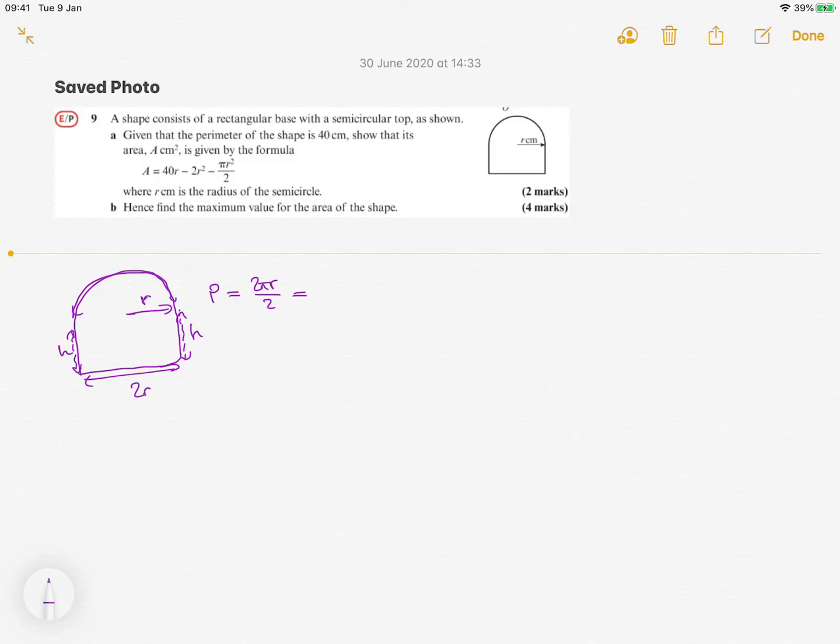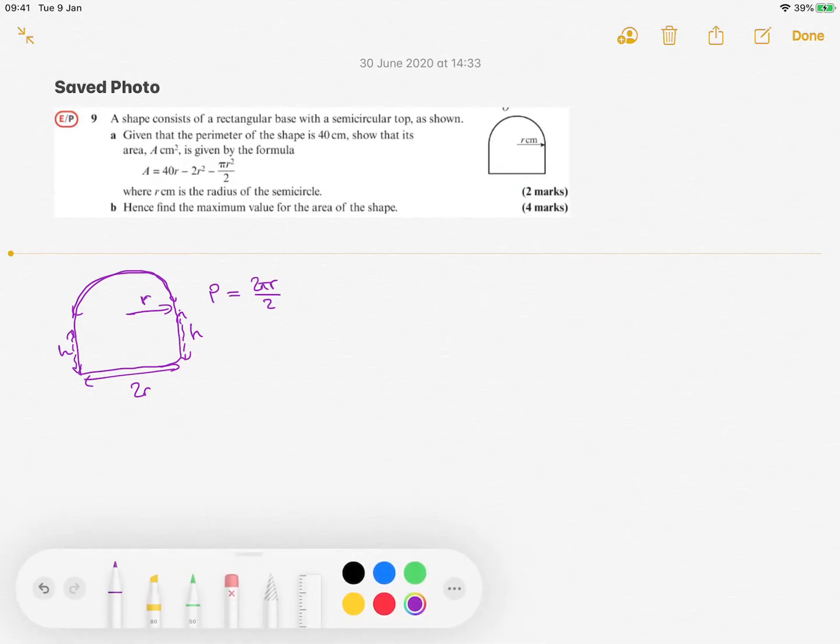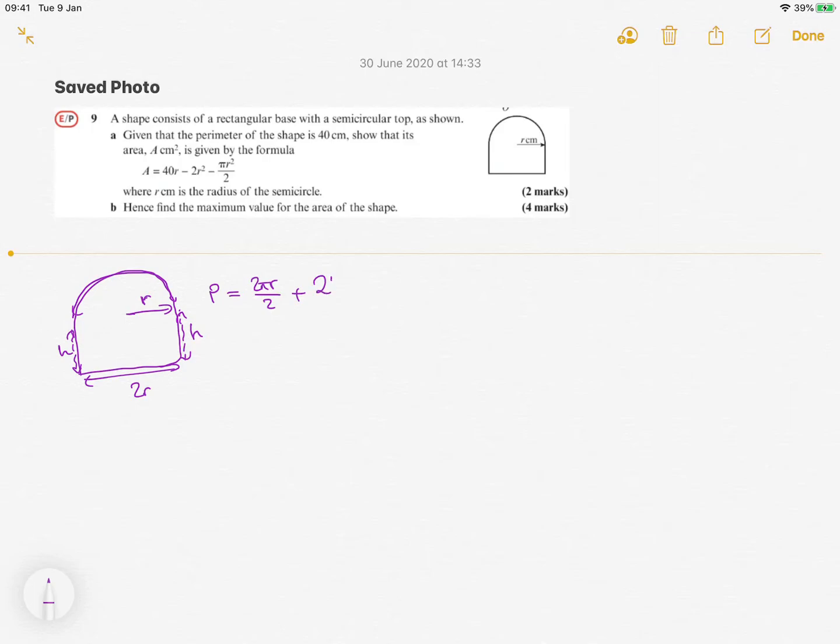So let's just put P for perimeter plus 2h plus 2r. That gives me my curved edge, my two heights, and my base. So then let's just simplify that a bit. The perimeter is equal to pi r plus 2h plus 2r.